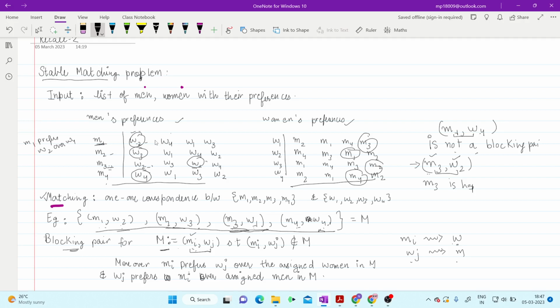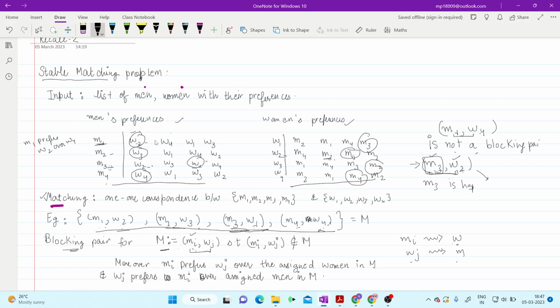Now we look at W2. Is W2 better off after this new assignment? W2 also prefers M3 over M1. She has been assigned M1, but she prefers M3. So both M3 and W2 are better off. Therefore, M3W2 is a blocking pair.